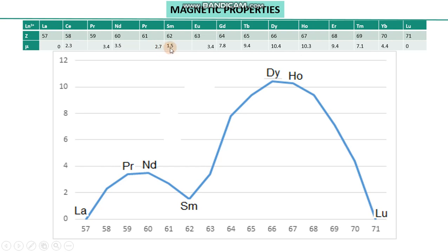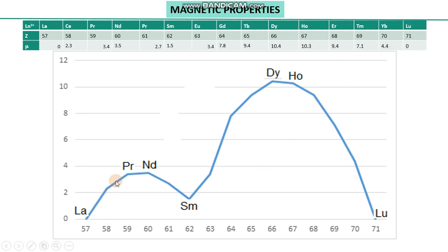Then the property for samarium decreases, and for europium again increases and reaches 10.4 and 10.3, which is maximum in the series for dysprosium and holmium, and again it drops and reaches 0 for lutetium.